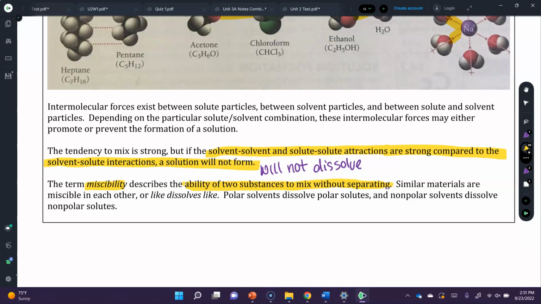Similar materials are miscible in each other, or like dissolves like. Though do not say that on the AP test. Say something that is talking about the similarities in intermolecular forces between substances, because that is where this comes from. This is the result of similar intermolecular forces.